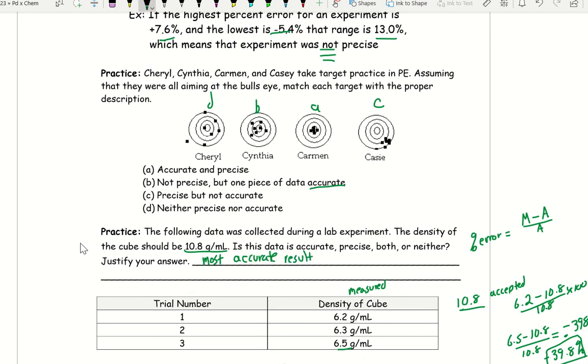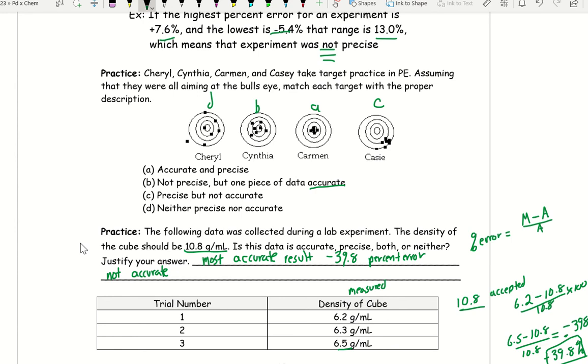And even with the most accurate result, there was a negative 39.8% error, which is not good. Well, I'll say in this context for sure. So it is therefore not accurate.